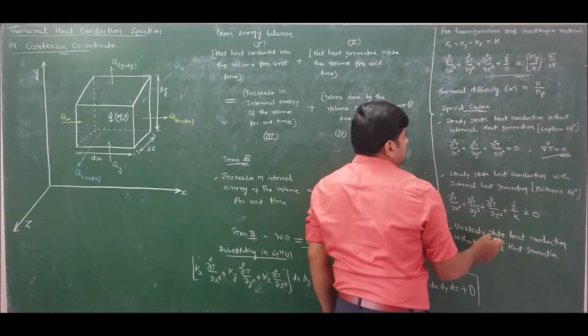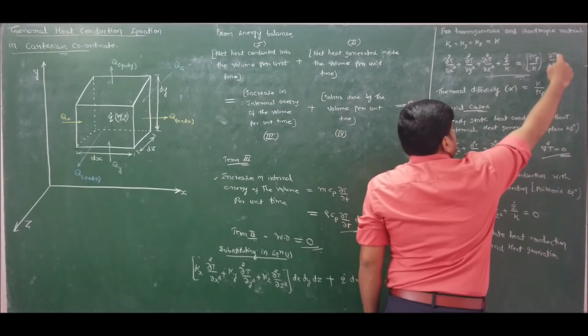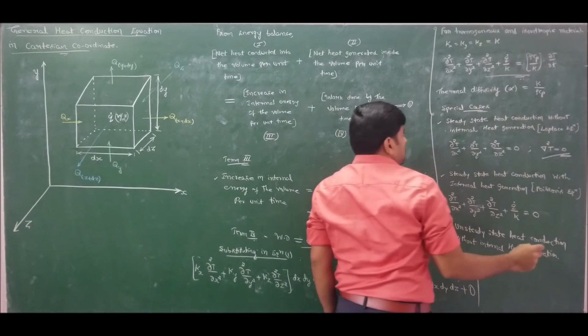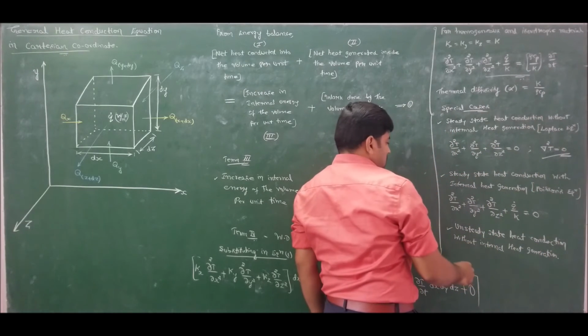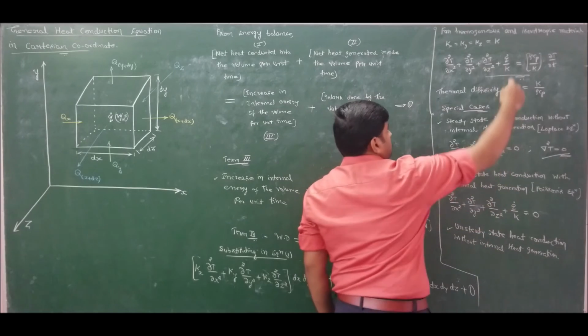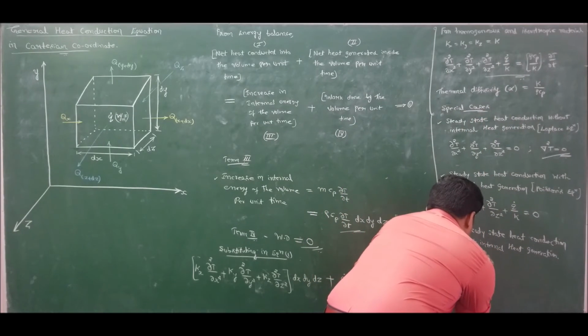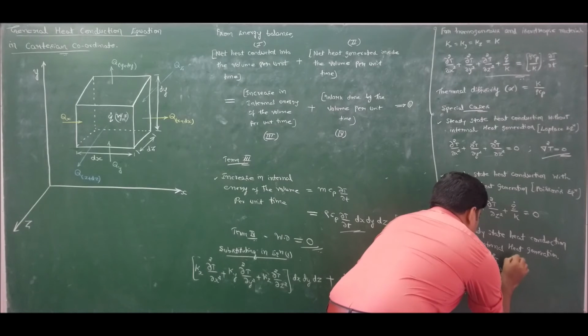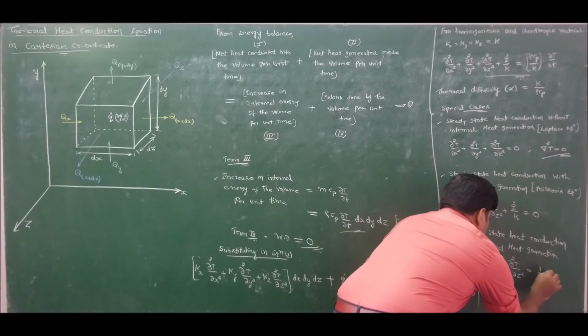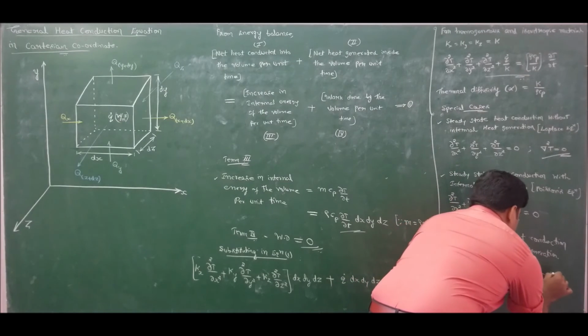Since it is unsteady state heat conduction, temperature changes with respect to time for transient, that is for unsteady states, and there is no internal heat generation, therefore the second term will become 0. Hence the diffusion equation will be ∂²T/∂x² plus ∂²T/∂y² plus ∂²T/∂z², which is equal to 1 over alpha ∂T/∂t.